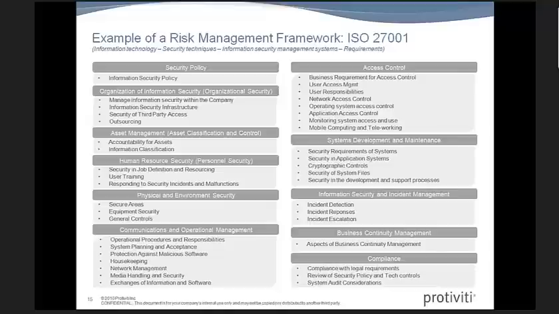What you see there on the slide is all the various areas that are assessed as part of this risk management framework. And by the way, when you look at this ISO standard, and you look at maybe a government NIST standard, they're about 90% similar. The 10% uniqueness might be from a government versus a commercial viewpoint. So this is what a risk framework looks like, and these are the areas that would be assessed.